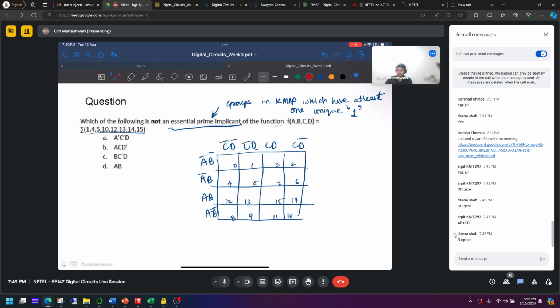Now just fill these numbers 1, 4, 5, 10, 12, 13, 14, and 15. Then you have to make groups. This is one group. This is another. This is one. And this is it.